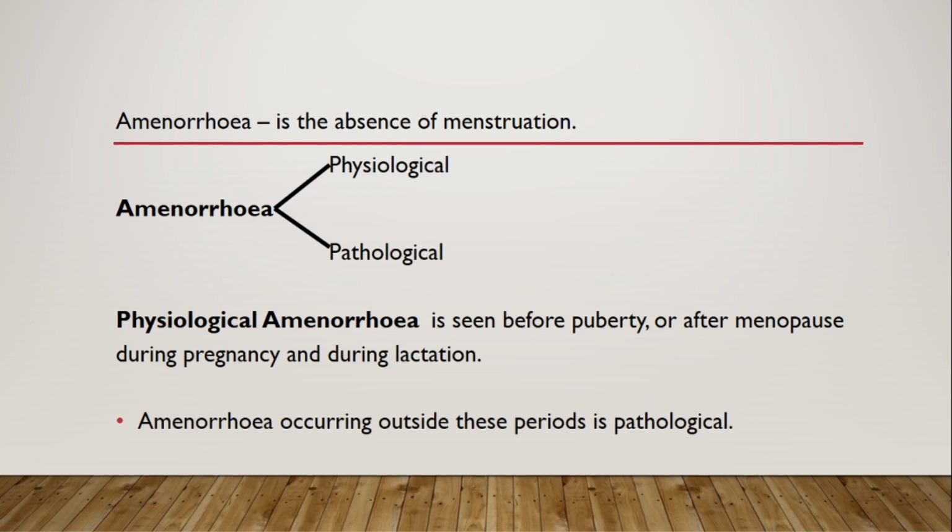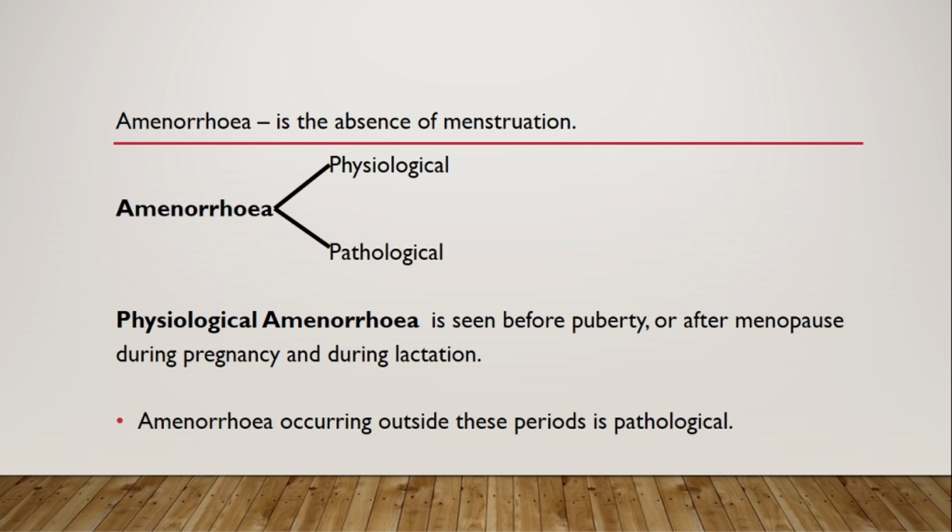Amenorrhea is just the absence of menstruation. It can be physiological or pathological.